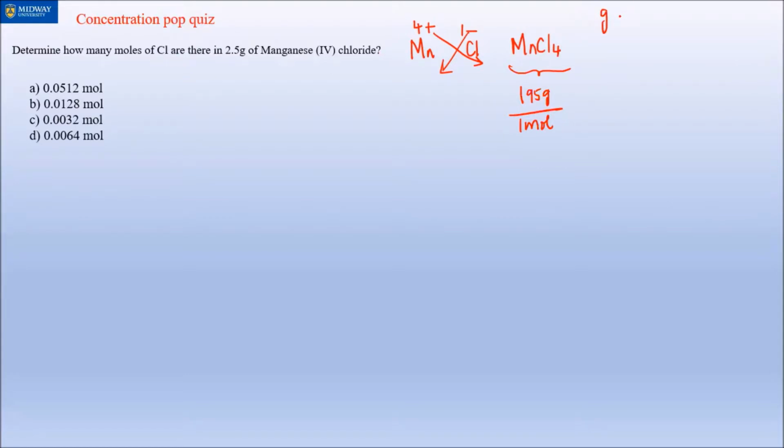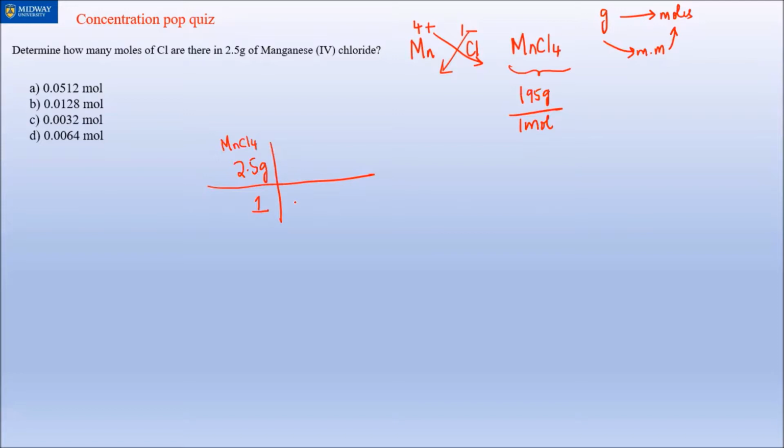Now what you need to do is, whether it's moles of Cl or moles, it doesn't matter. We're going from grams to moles, which means our liaison is molar mass, through which we're going to go from grams to moles. So we're going to start with 2.5 grams, and put the 1 on the bottom. This is given information and there's nothing really you can put here. Now keep in mind, this 2.5 gram is for the MnCl4, for everything, right?